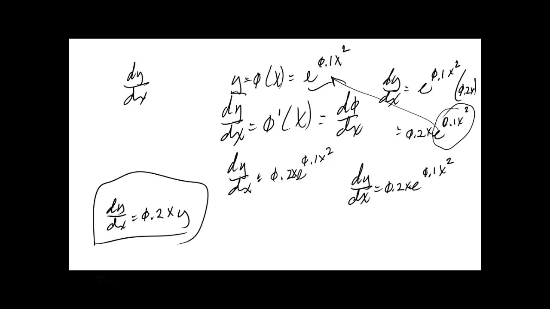If it has a derivative equal to some expression of x's and y's, that's a differential equation. Now, if it was written dy is equal to blah, blah, blah dx, that's also a differential equation in differential form. And there's other ways you could write it as well.